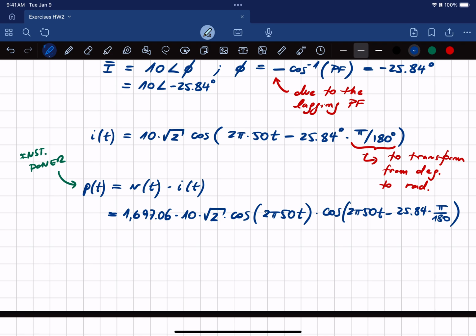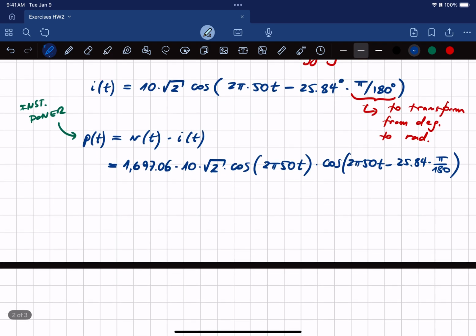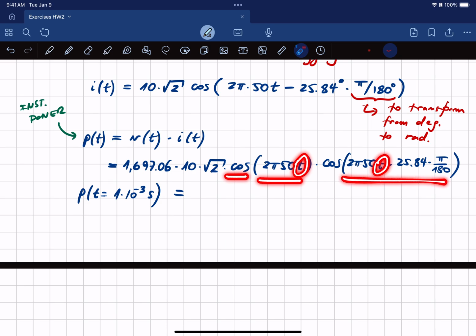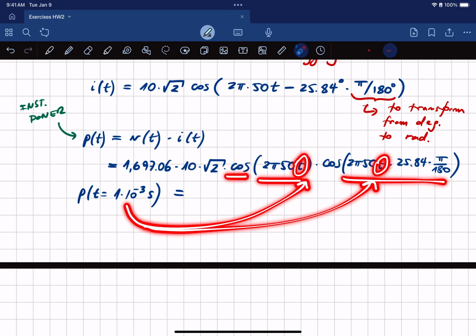And now the problem is asking what is the instantaneous power absorbed by the load at some particular time. So we simply evaluate this function, right? t equals 1 millisecond. That means 1 times 10 to the minus 3 seconds. We evaluate this. That means that instead of using t here in your calculator, with your cosines using radians as an argument, you're going to put t equals 1 milli, or 1 times 10 to the minus 3.